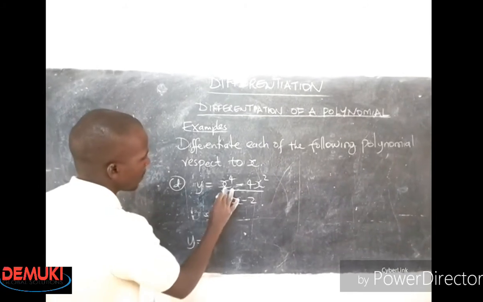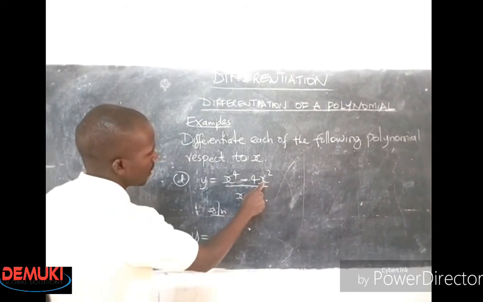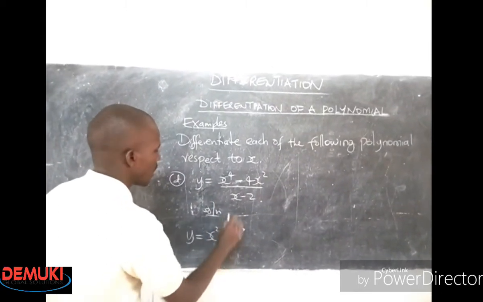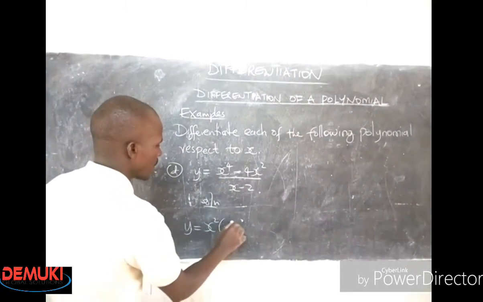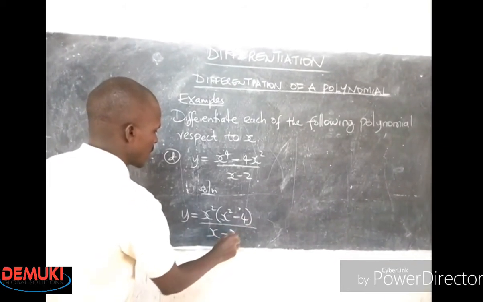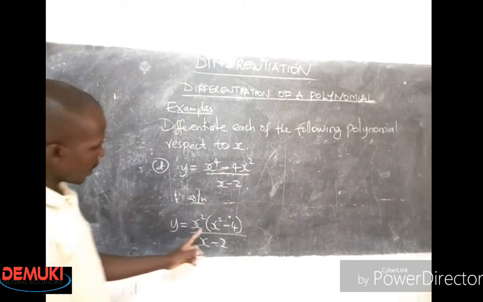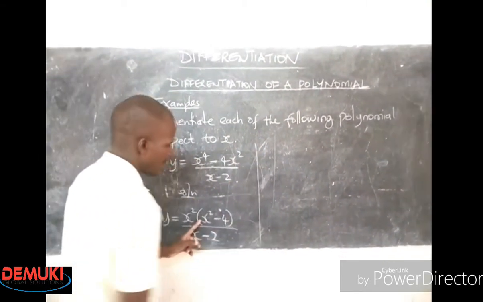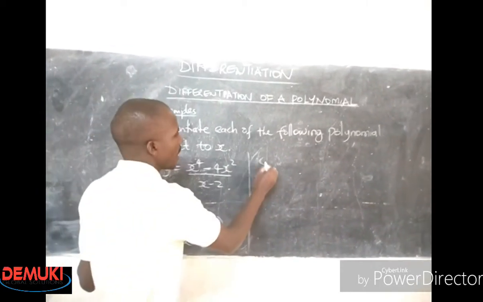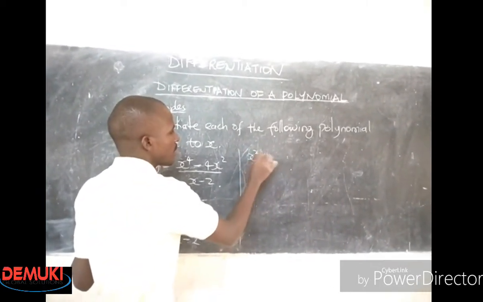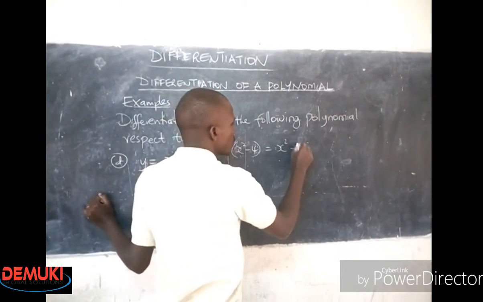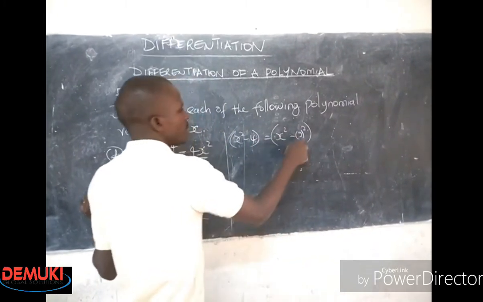So y shall be, let's now check. x squared is common, so we can have x squared, then here x squared minus 4, then over x minus 2. Now this x squared minus 4 can be further simplified, because we know x squared minus 4 is the same as x squared minus 2 squared, because this 4 can be 2 squared.